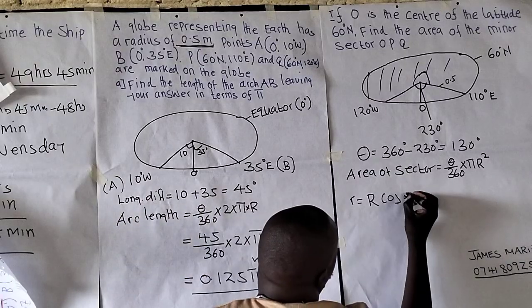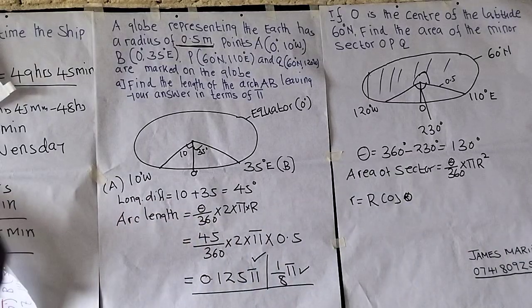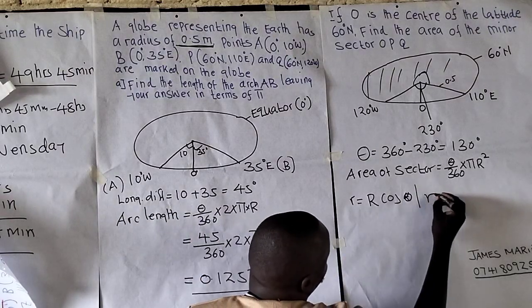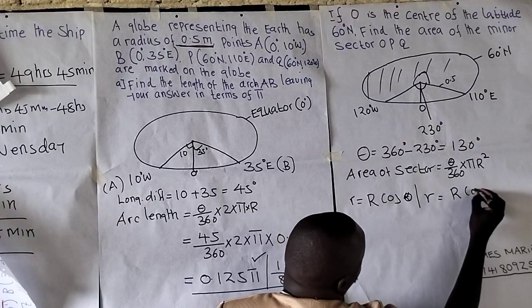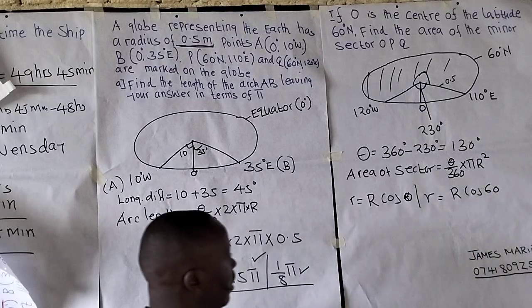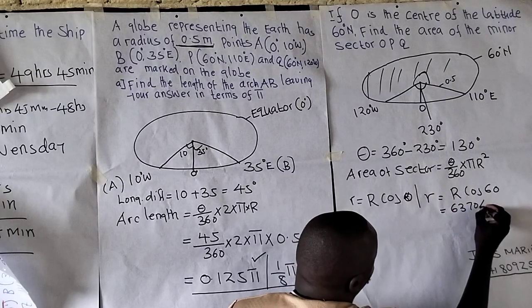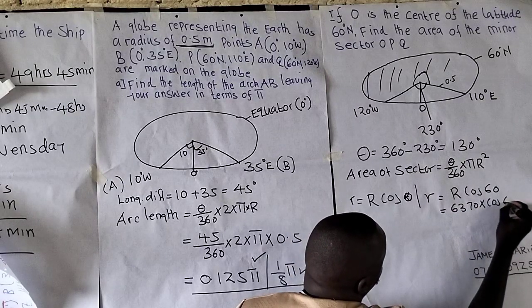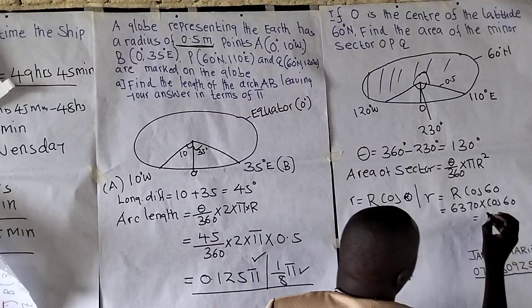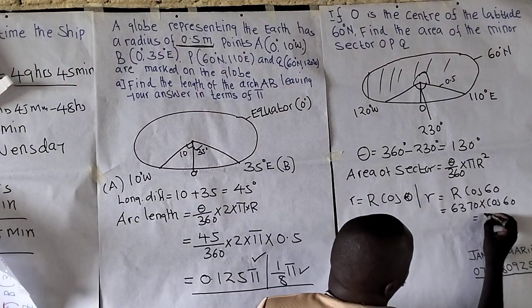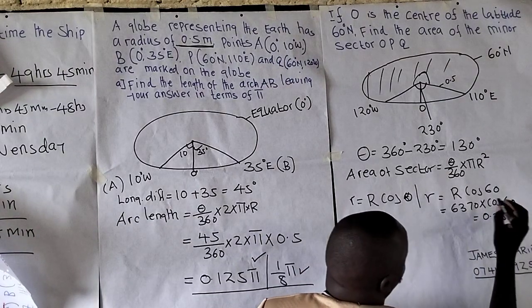You can say that as r cos alpha. So that radius is r times cos 60, where R is 0.5, so it is 0.5 times cos 60, and if you substitute, you get 0.25.